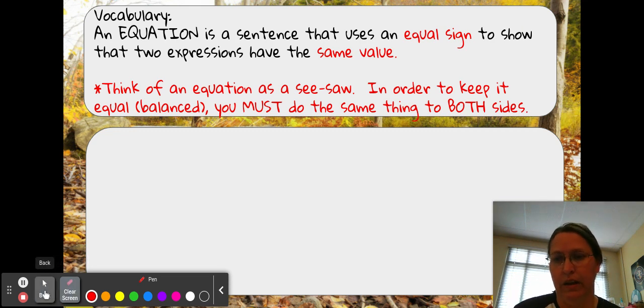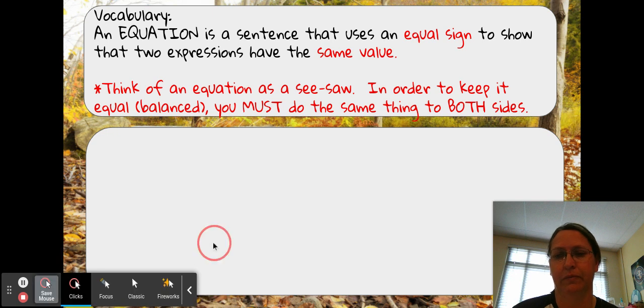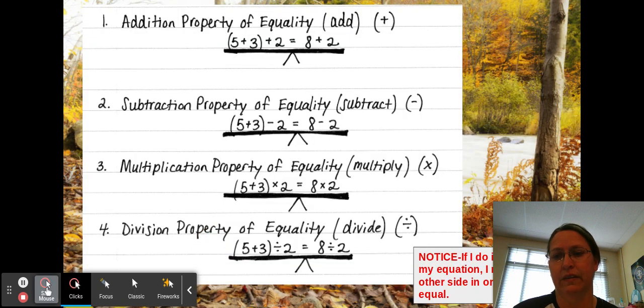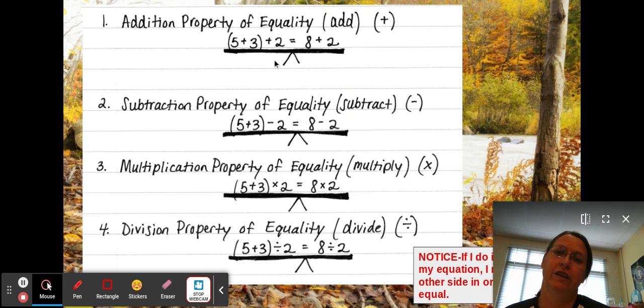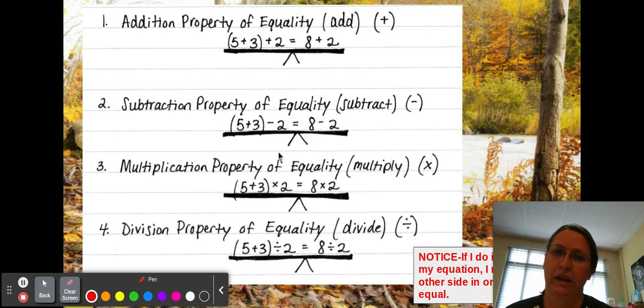So let's look at another example. Right here, this is kind of a summary. The addition property of equality means that if I add something like my 2 on one side of the equal sign, I have to add it to the other side of my equal sign. The subtraction property of equality means that if I subtract something, so I subtract 2 on one side, I have to subtract 2 on the other side.